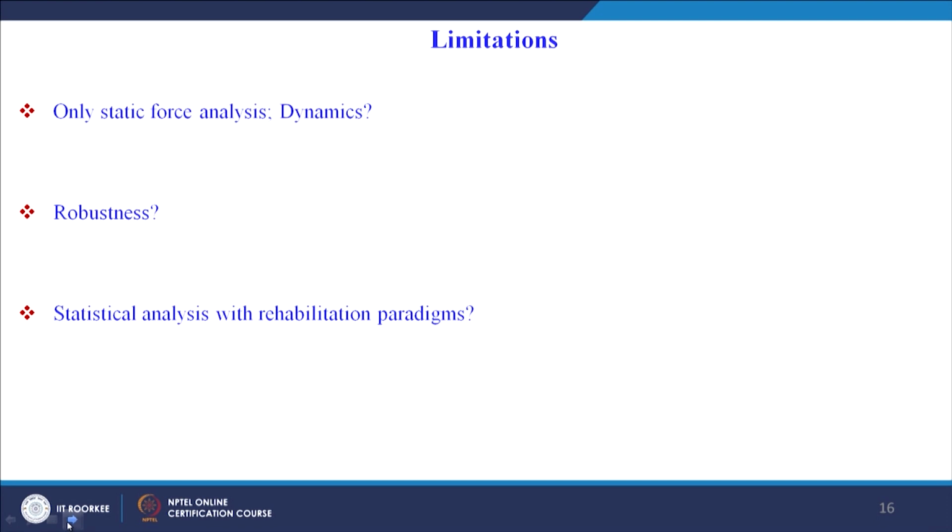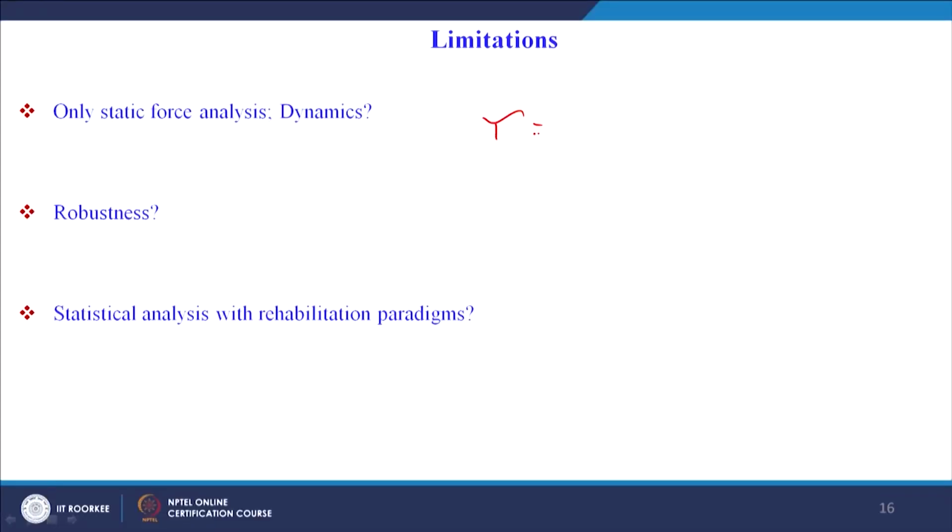Now coming to the overall limitations associated with our experimental study. The first one is that we have considered only the static force analysis, but actually we need to consider the dynamics, because the dynamics is given by a highly coupled equation, tau equals mass plus Coriolis plus gravity terms.